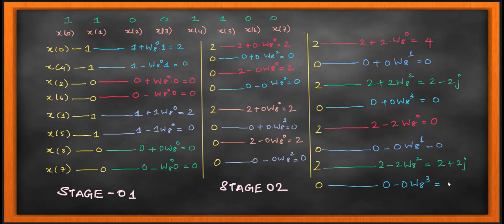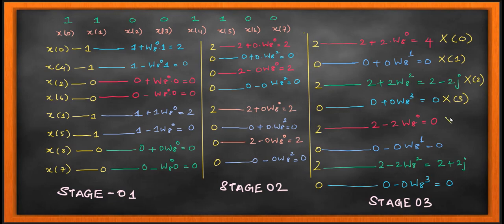And then you have your twiddle factors to be plus or minus W80, plus or minus W81, plus or minus W82, and plus or minus W83. And the pluses come before the minuses. You have 4 plus and 4 minus as shown here. And the output that I get is now in sequence.